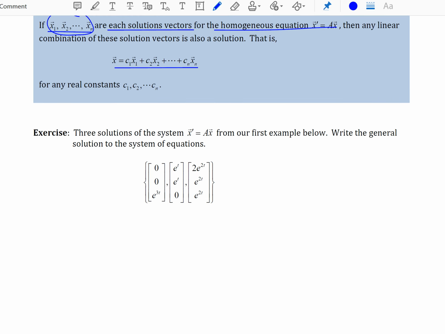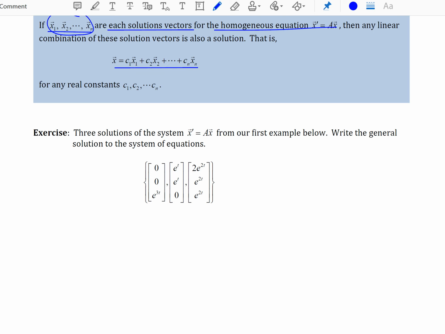So here, if the three solutions of the system x prime equals Ax from our first example are given below, let's write the general solution to this system of equations. Now again, we're just given these for now. How we actually find them, that's something we'll look at in Chapter 6.2.